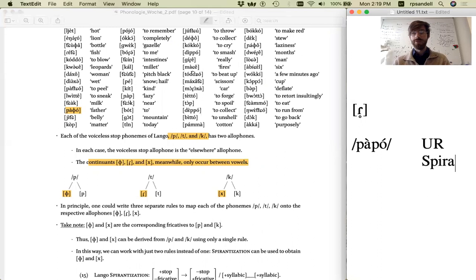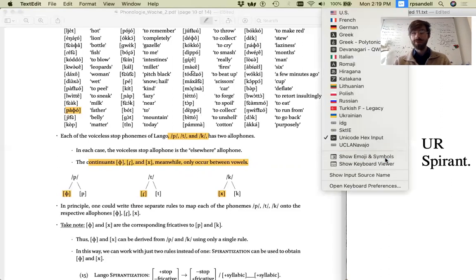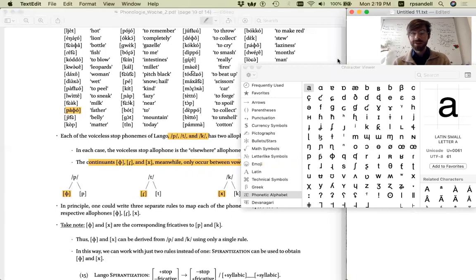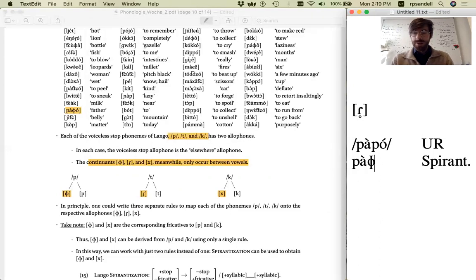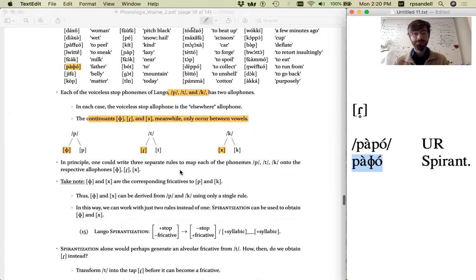Through our rule of spirantization, this p, which occurs between two vowels, will be transformed into a fricative, the voiceless bilabial fricative, and that rule gives us our expected allophone.